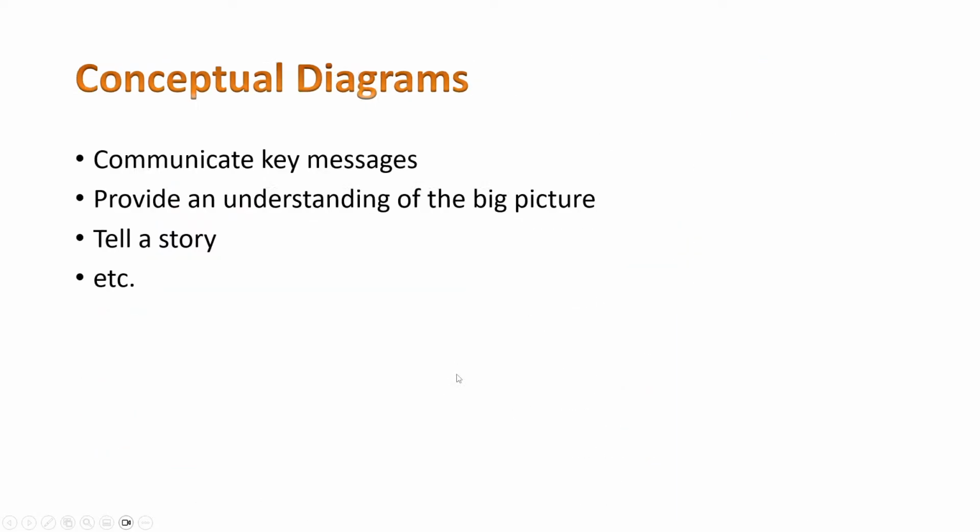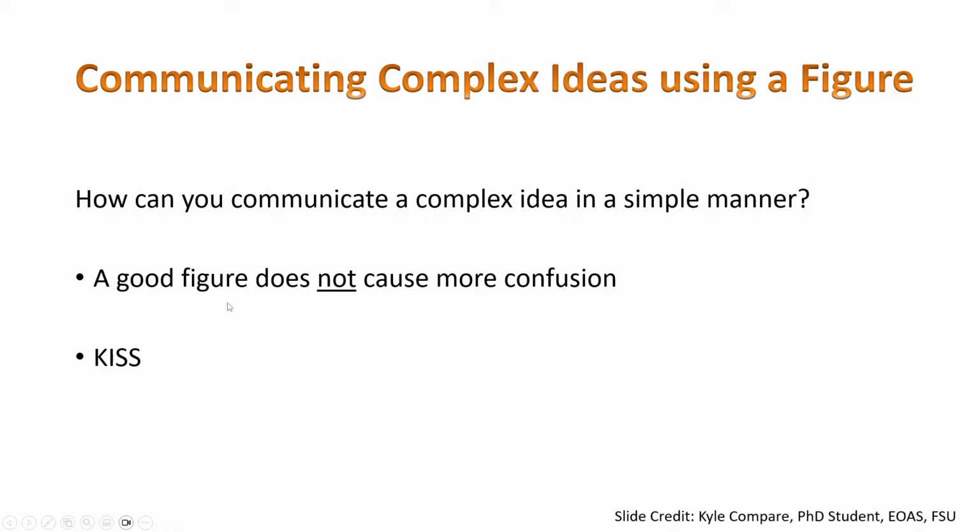Okay, so conceptual diagrams have different purposes. They communicate a key message, they provide an understanding of the big picture, or they can tell a story, and so on and so forth. So for communicating a complex idea using a conceptual diagram, this is the rule: you can communicate a complex idea in a simple manner. A good figure does not cause more confusion. That's the most important thing.